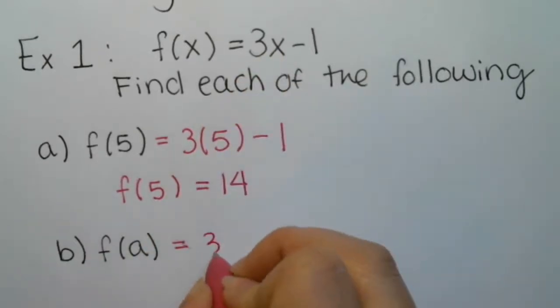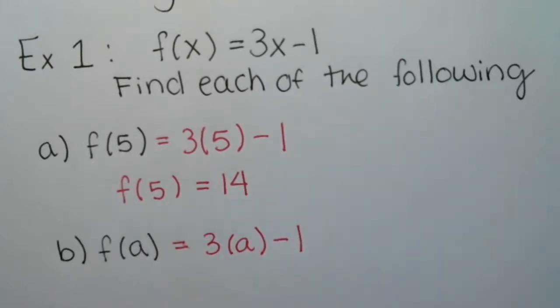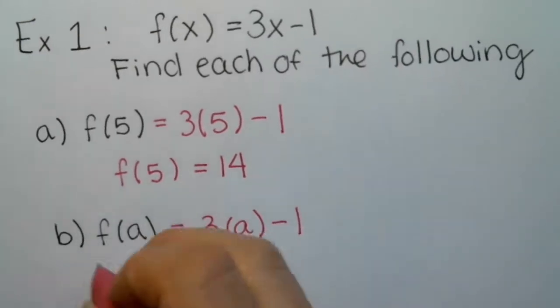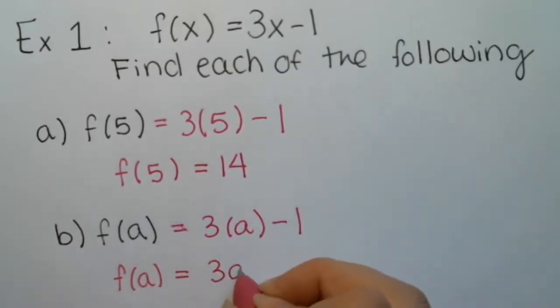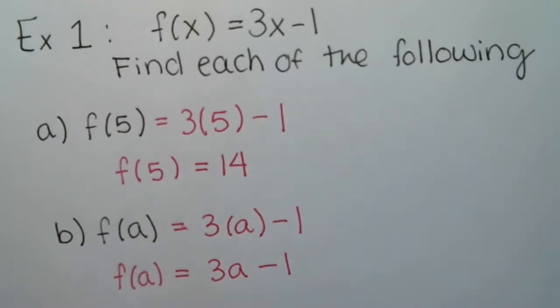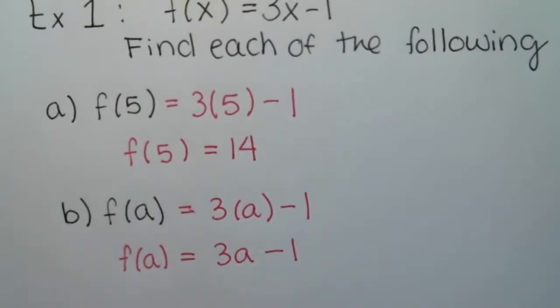So we would have 3 times a minus 1. Now there's not really anything we can do to simplify this, right? 3 times a, we just write that as 3a, and we can't combine these two terms because they're not like terms. So this would actually be our final answer.